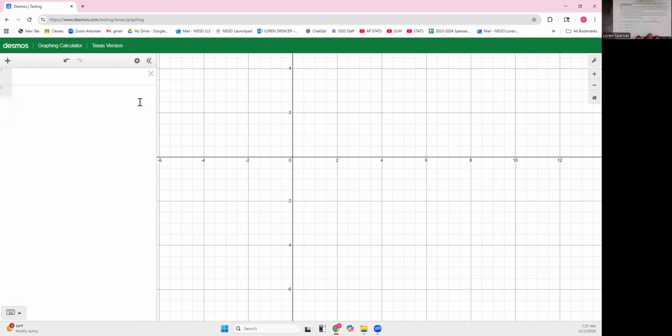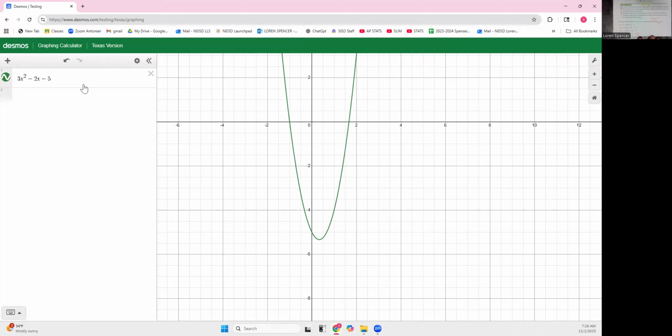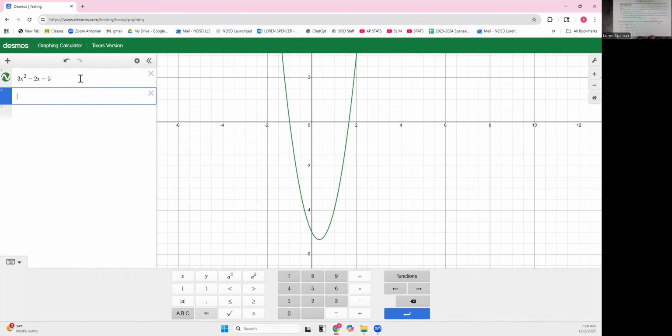And the parabola equation was 3x squared minus 2x minus 5. And the next one was y equals 0.